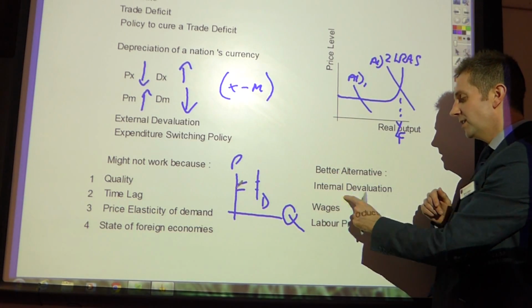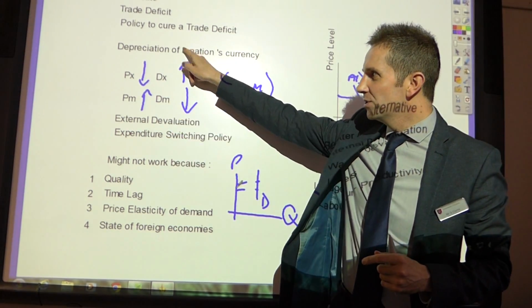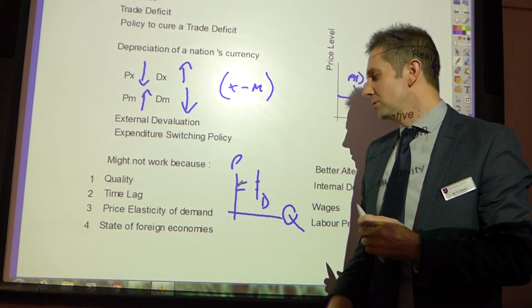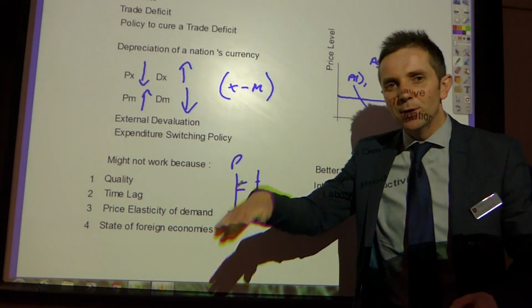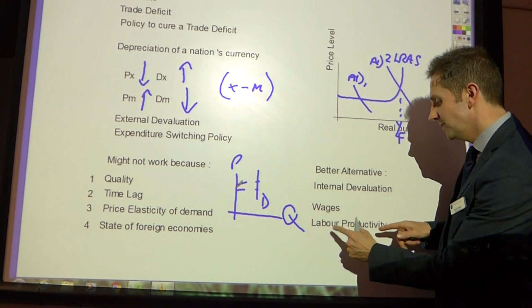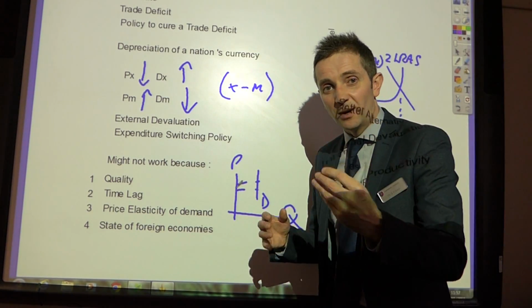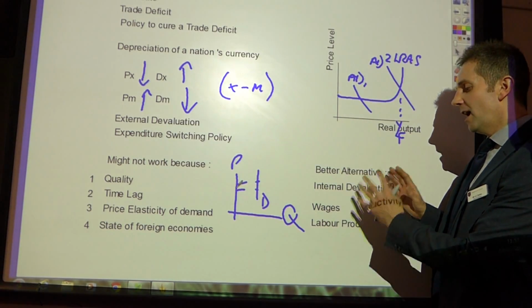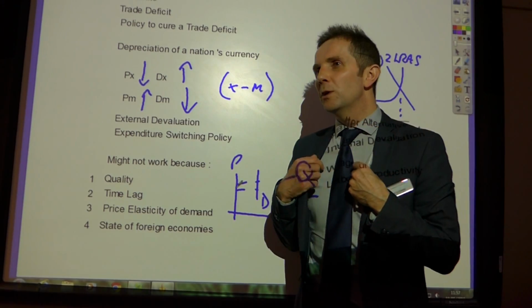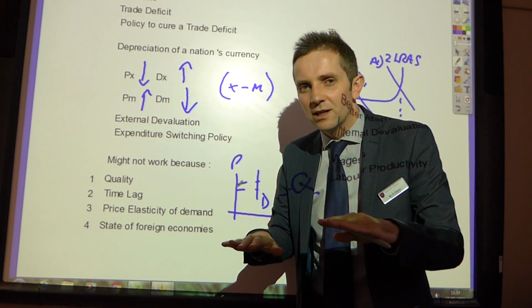And we refer to this as internal devaluation, rather than the depreciation, which is referred to as external devaluation. So internal devaluation means hammer down on wages and get your labour force more productive, train them, skill them, perhaps force them to work harder. As a consequence of that, although obviously you and I would feel a cut in our wages, we obviously don't feel a cut in the exchange rate.